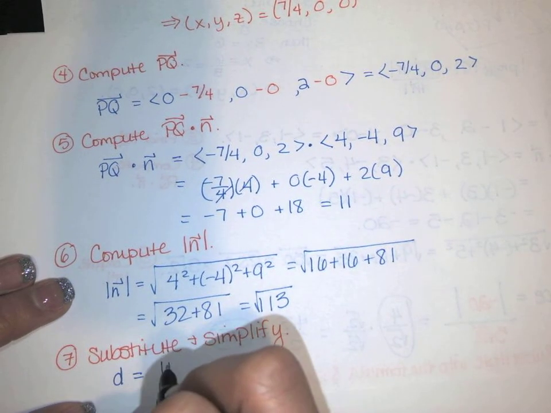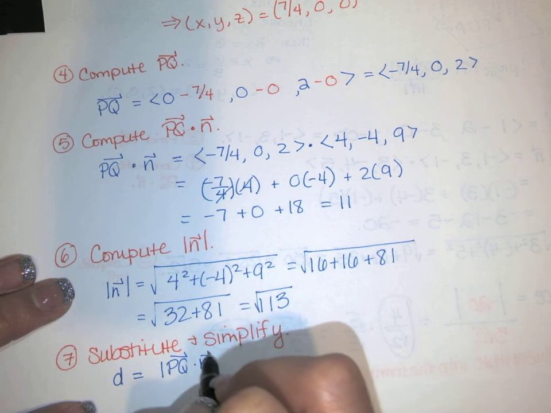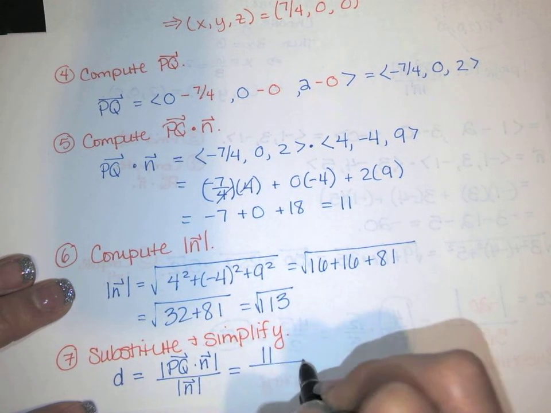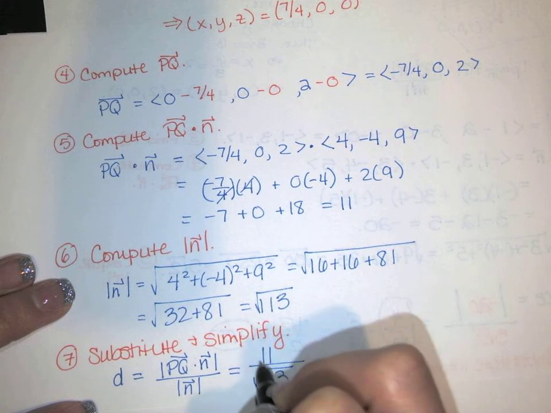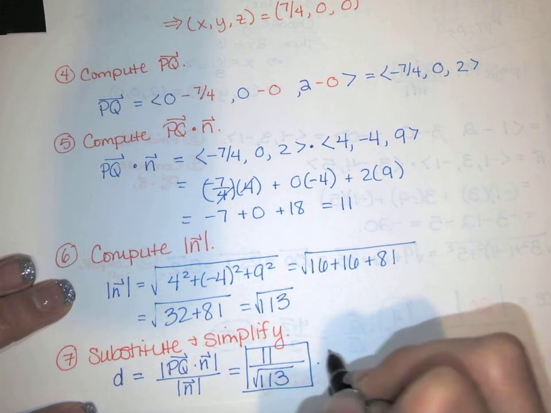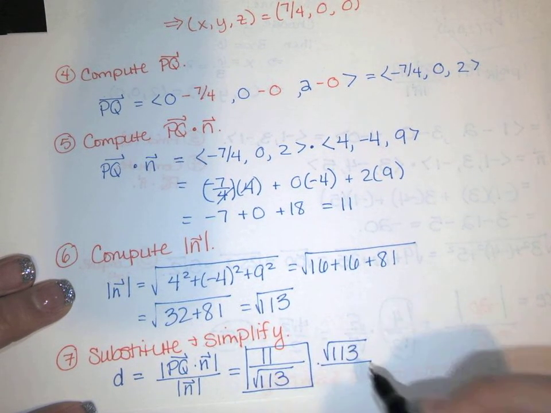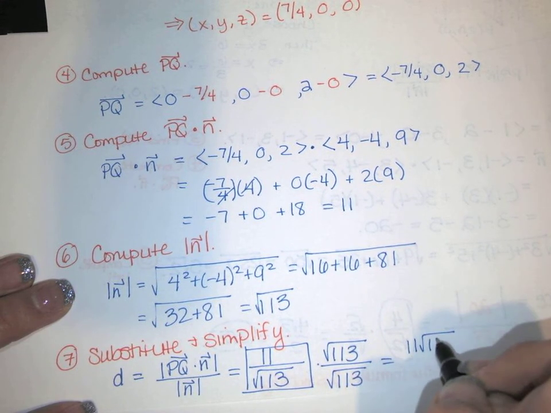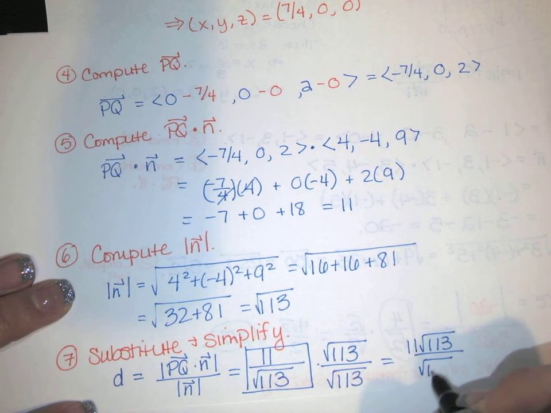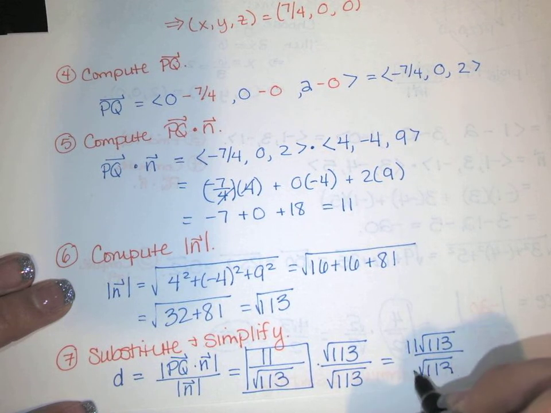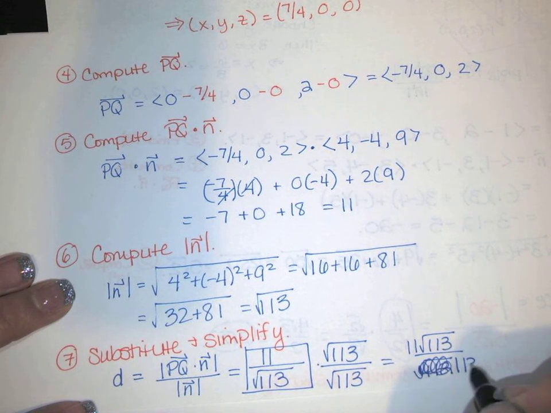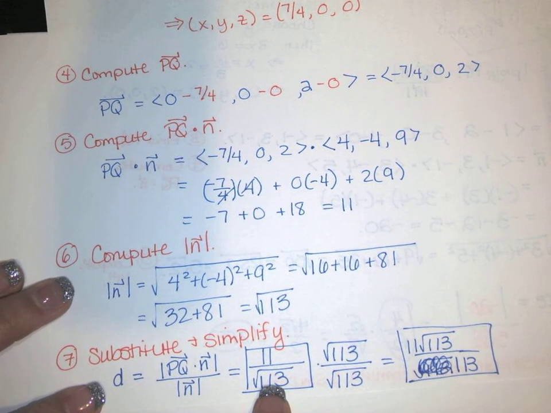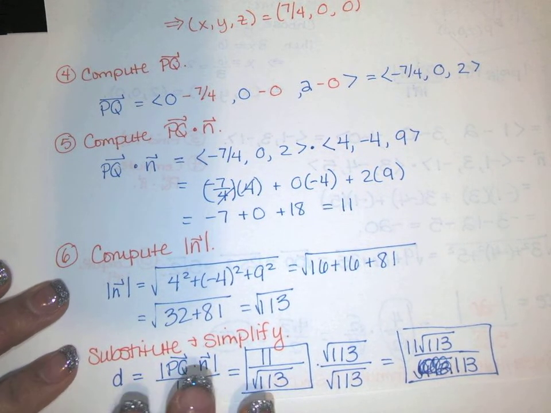Distance is PQ dotted with n in absolute value divided by the length of n. So we get 11 over the square root of 113. We can stop there. If you don't want to stop there, you don't have to. You can rationalize if you prefer. Okay, so we either get this or we get this.